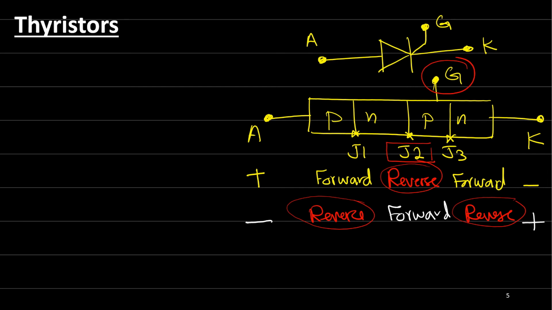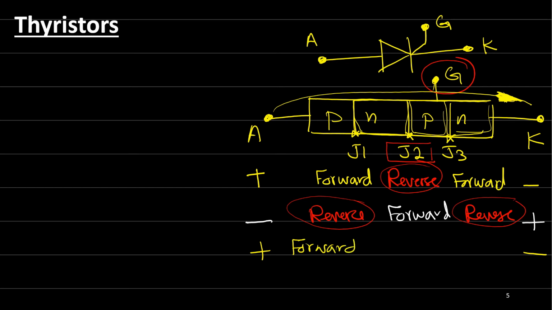So here if you apply positive voltage, plus minus, and apply a gate current here, all this N region and the other N region, this one will act as a big N region and the current will start flowing in the thyristor. So this will be forward. Junction 3 will be forward as well.